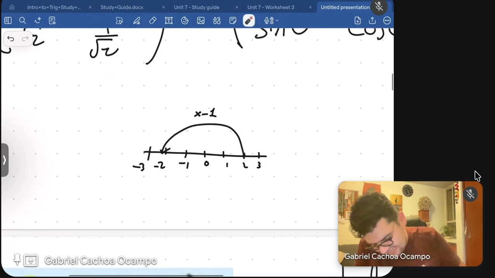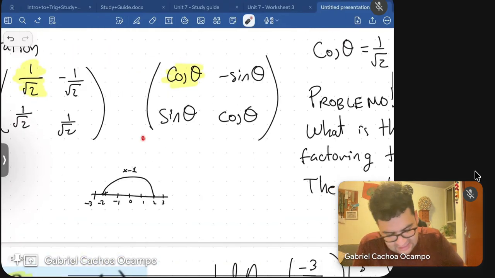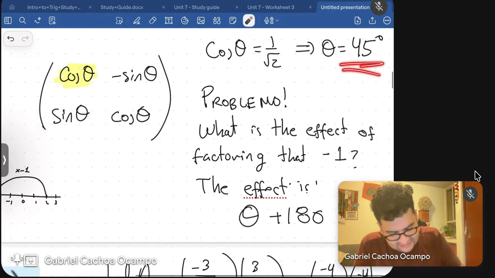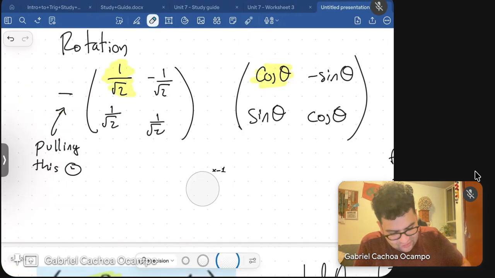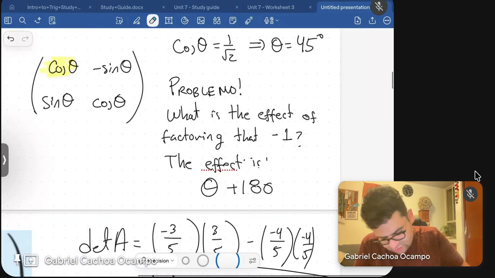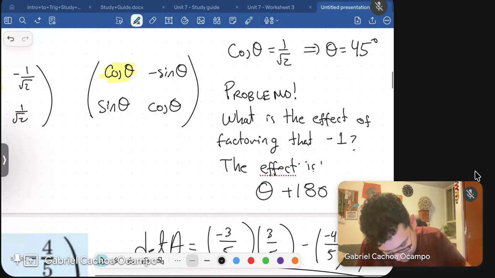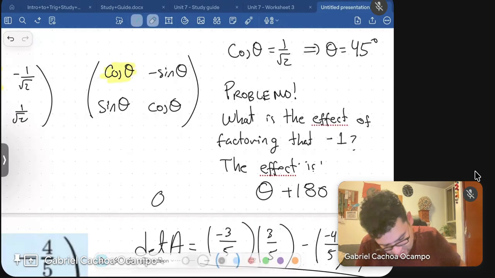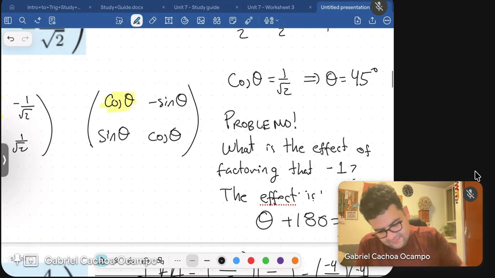So this negative 1 represents 180 degrees. So I am rotating 45 degrees, and because I have a negative, my final angle would be 45 plus 180, which is 225. Okay?